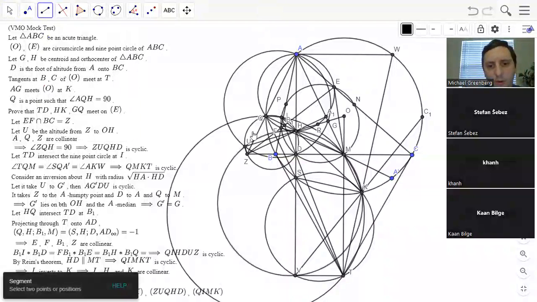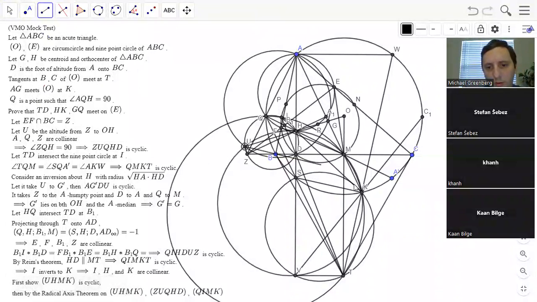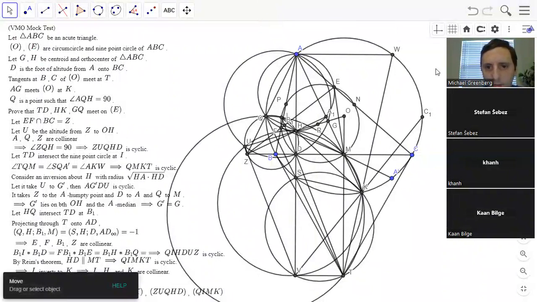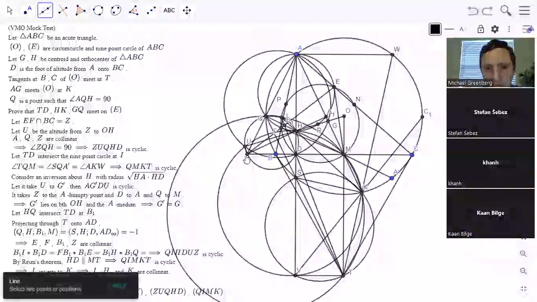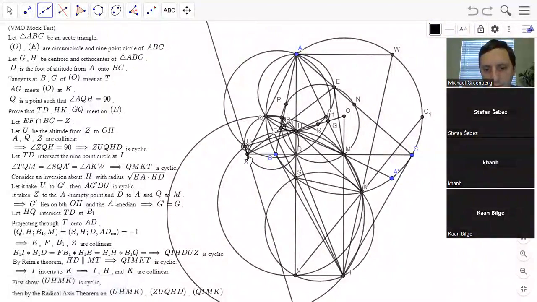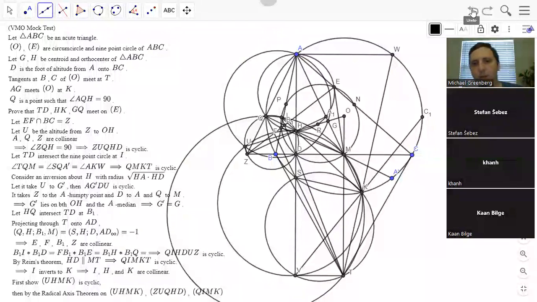Maybe that's trickier than it looks. Oh, U, Z, and V I think might be collinear. Let me draw the line through U and Z. Well, maybe not actually. So maybe it isn't really that easy.